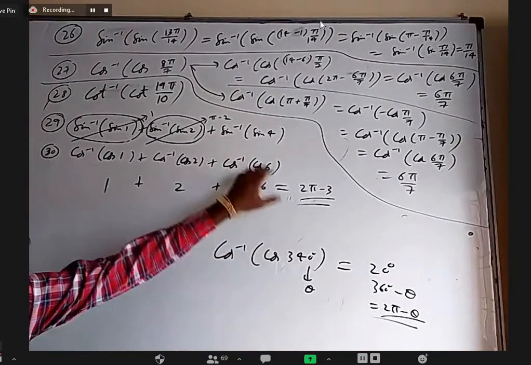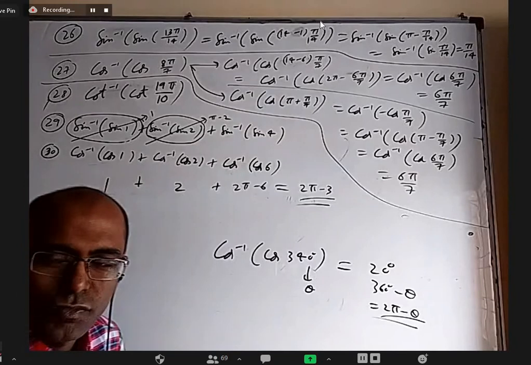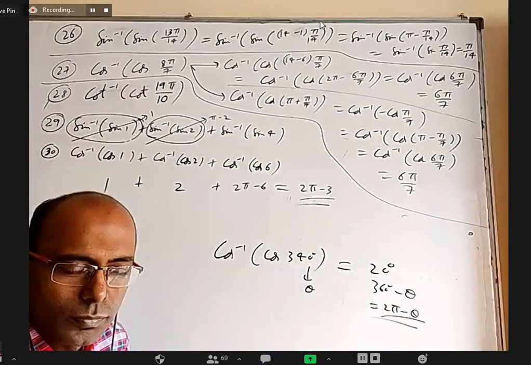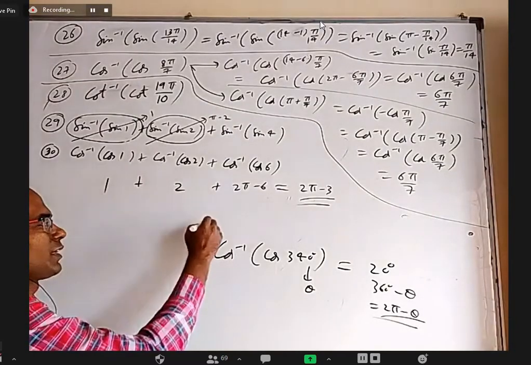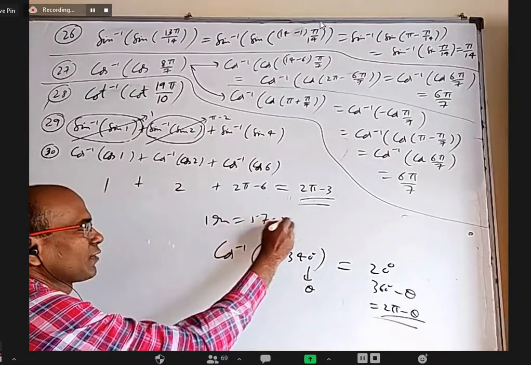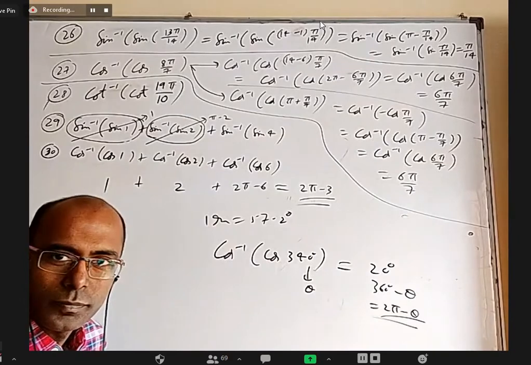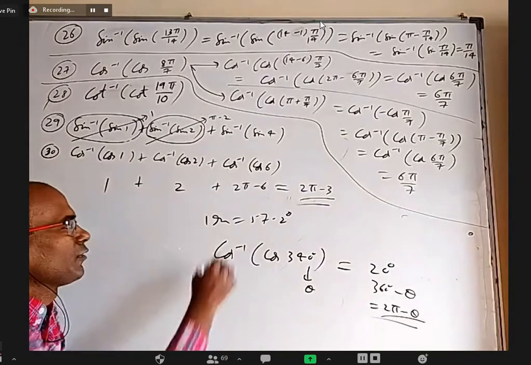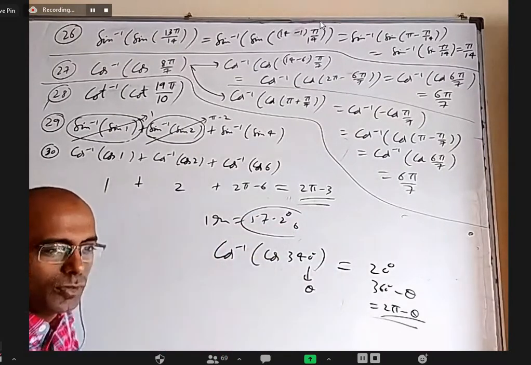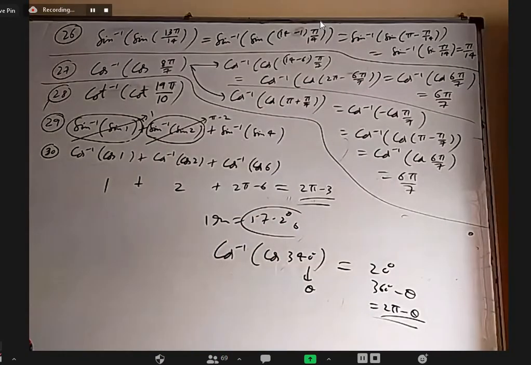Cos inverse cos 340, will you cancel cos inverse cos and write 340? Sir, how did you understand it will be 340 degrees? Oh, 1 radian, maybe you did not get that. 1 radian is roughly 57.2 degrees. If you multiply by 6, you will know around what it will be. Yes, sir. Now understood.